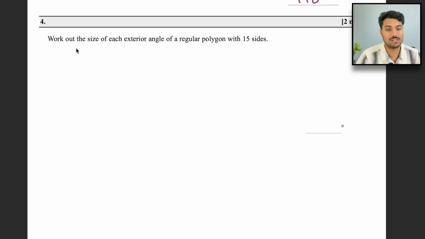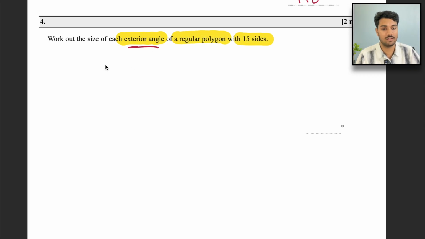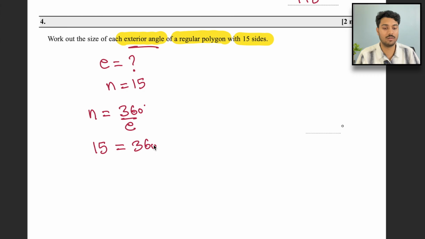Question number 4 says: work out the size of each exterior angle of a regular polygon with 15 sides. So we have the relation given with the third formula, the relation between n and e. n equals 360 degrees upon e. n is 15, so 15 equals 360 degrees upon e.